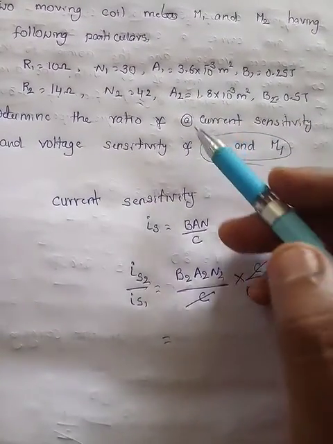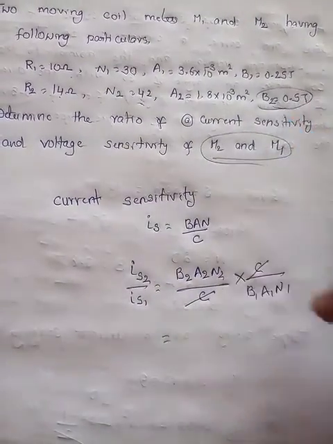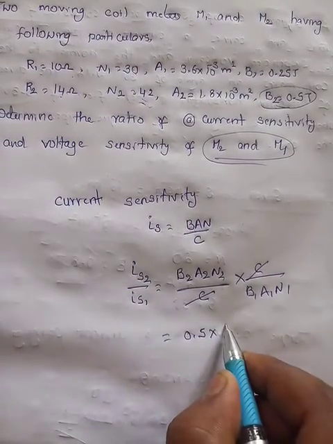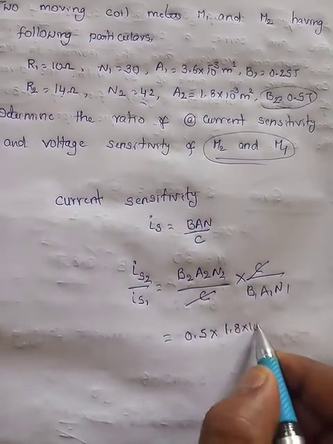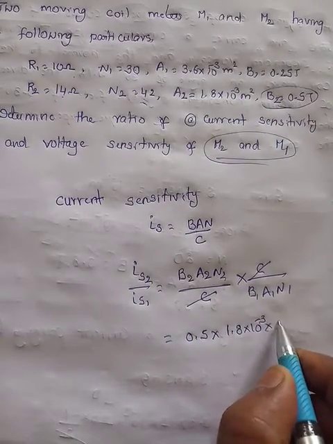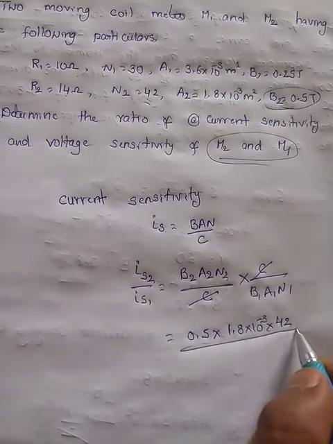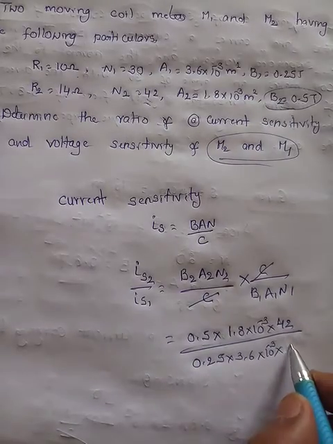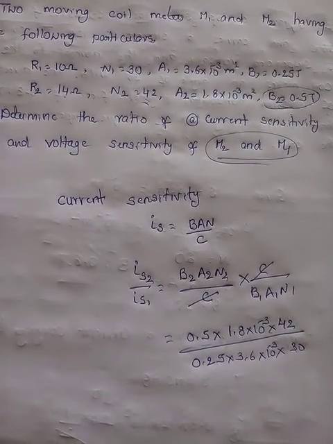Just substitute all the values they have given. What is B2? 0.5 Tesla. Area 2 is 1.8 into 10 raised to minus 3. Number of turns in the second coil 42, divided by B1, 0.25, 3.6 into 10 raised to minus 3, and 42 by 30. Right? Yes.